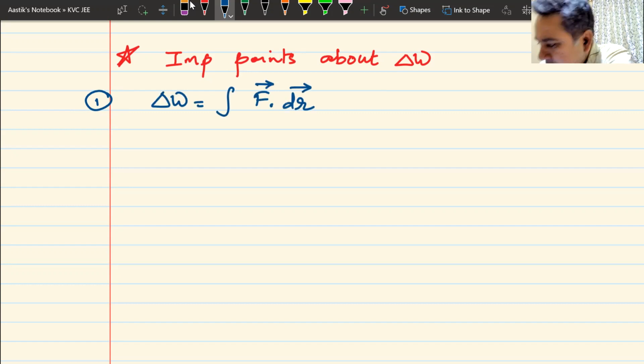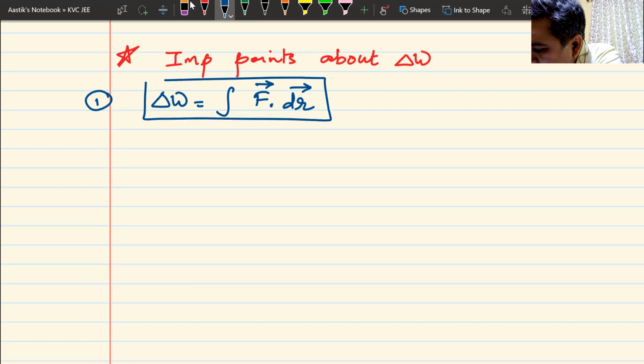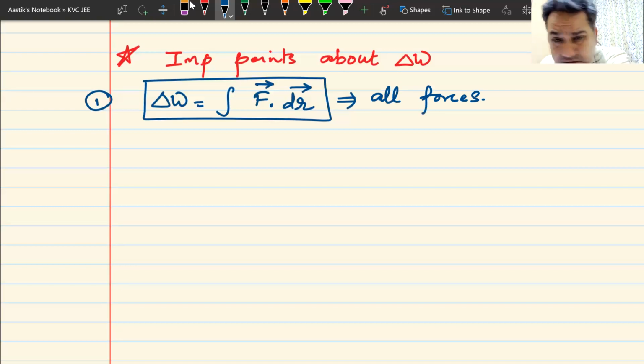So we'll try to summarize everything that we have learned, and we probably would add some more points that would make them more enticing. Now, this formula, as you remember, is valid for all forces, whether those forces are constant, whether those forces are variable, every force in the universe.